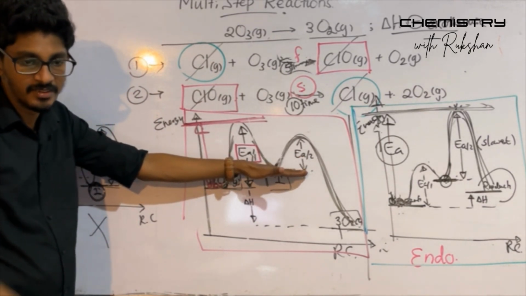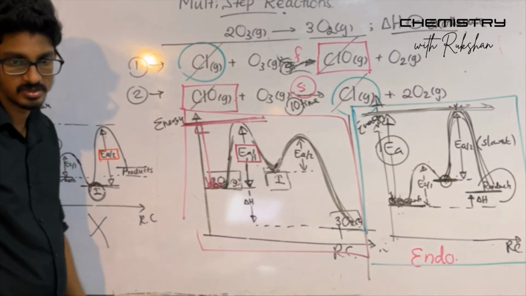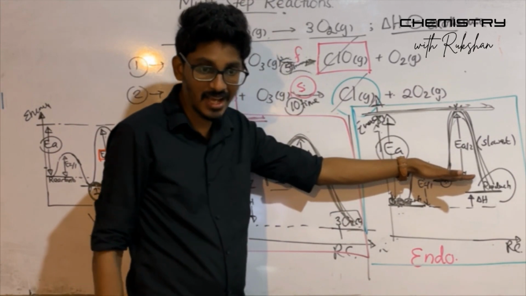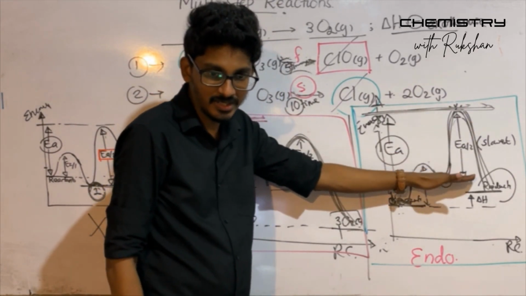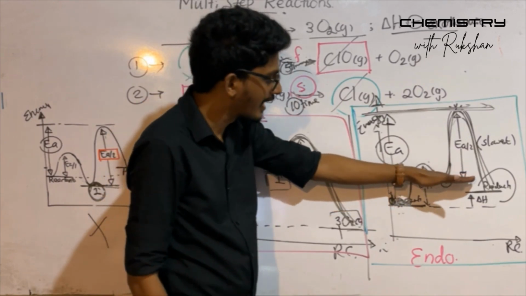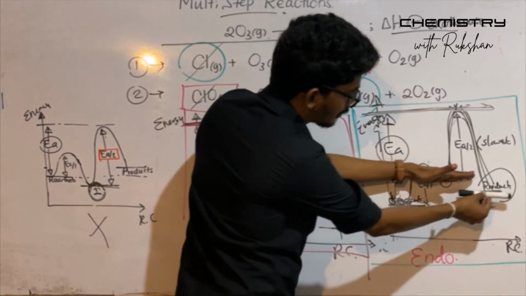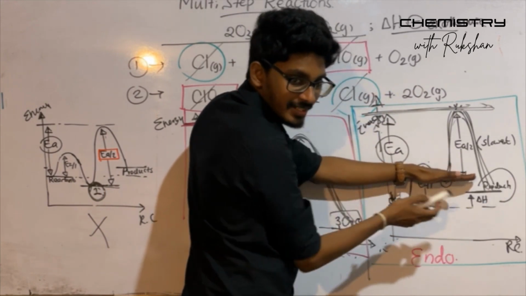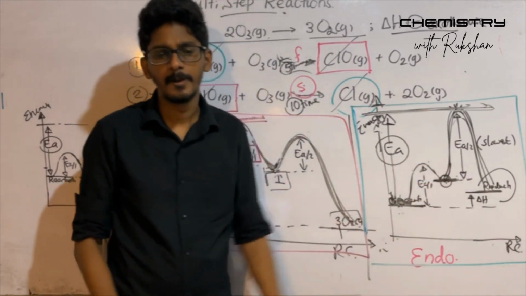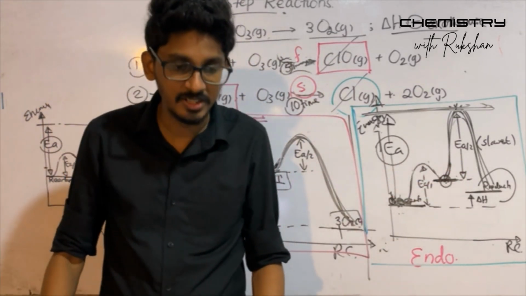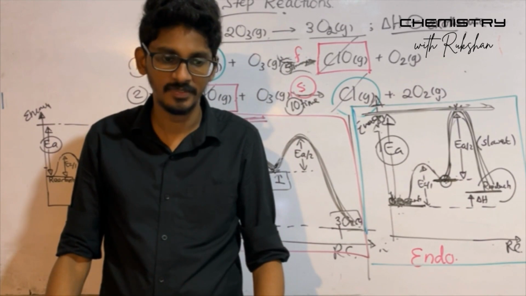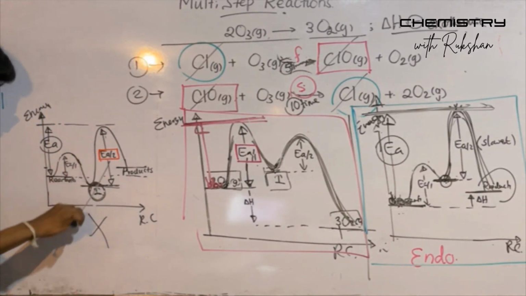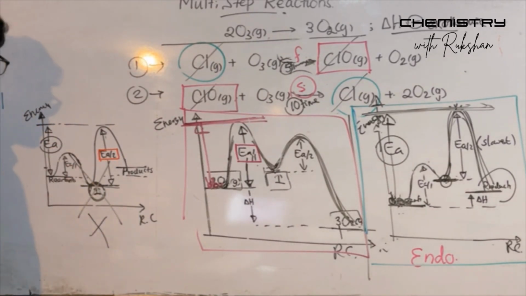Here as well, these are correct diagrams. Intermediates have greater energies than the reactants as well as the products. So you can't draw this kind of diagram. This diagram is false.